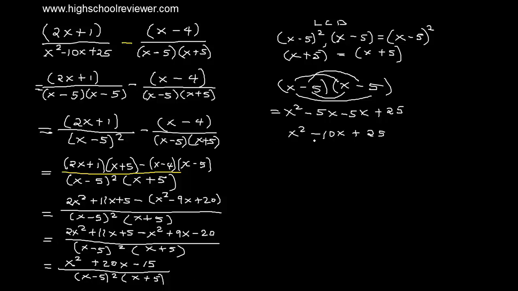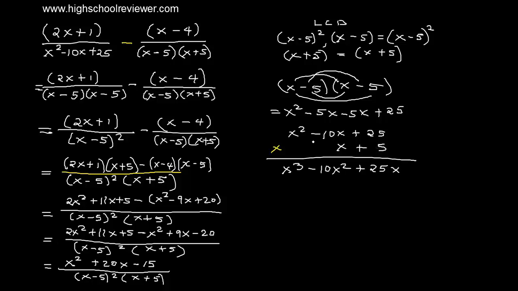So to multiply a trinomial by a binomial, we are going to arrange it like this. x plus 5 with x squared minus 10x plus 25. So x squared multiplied by x, this is x cubed. Negative 10x multiplied by x, negative 10x squared. And x multiplied by positive 25, that will be positive 25x. Next, we are going to multiply 5.